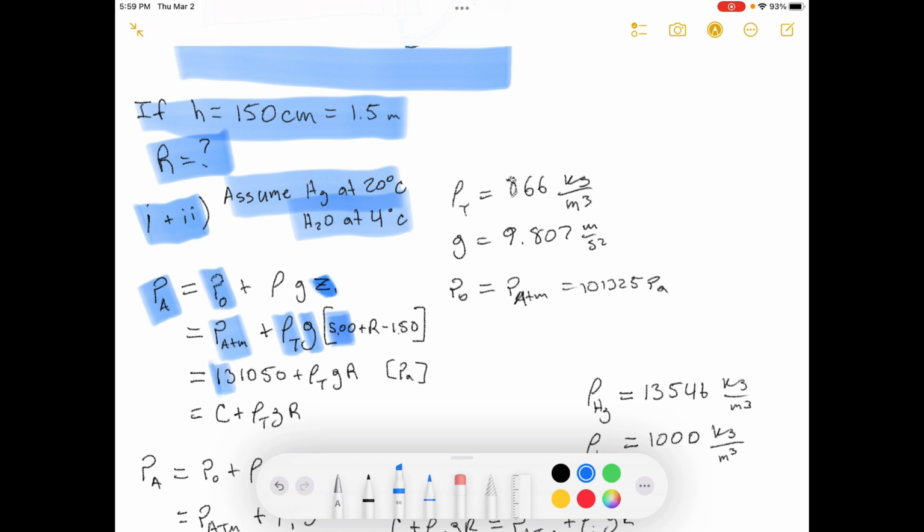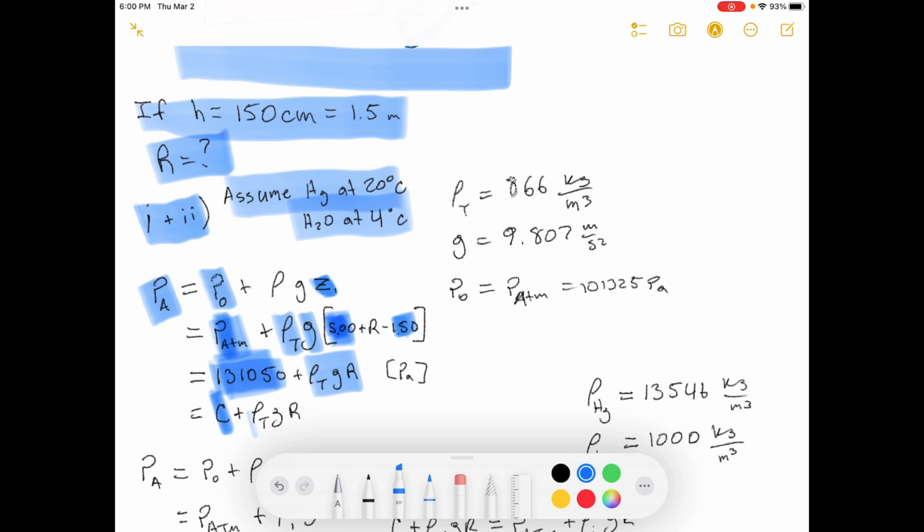So we've got our atmospheric pressure plus the 5 meters of toluene minus the 1.5 meters that we're not doing anything with. It's just open space or air, which we've already counted for in the atmosphere here. And then we have this R term that we don't know what to do with. I'm going to go ahead and call this number C, so I don't have to keep writing the number over and over again.